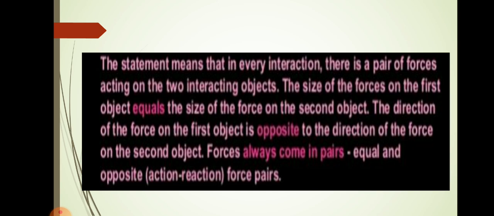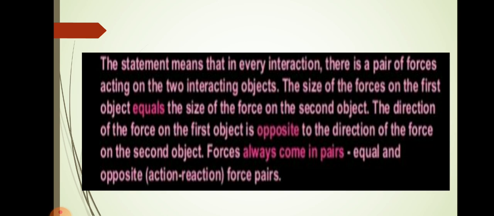So the statement of Newton's third law means that in every interaction there is a pair of forces acting on the two objects which are interacting. The size of the force on the first object is equal to the size of the force on the second object. Here the magnitude of force is the same.